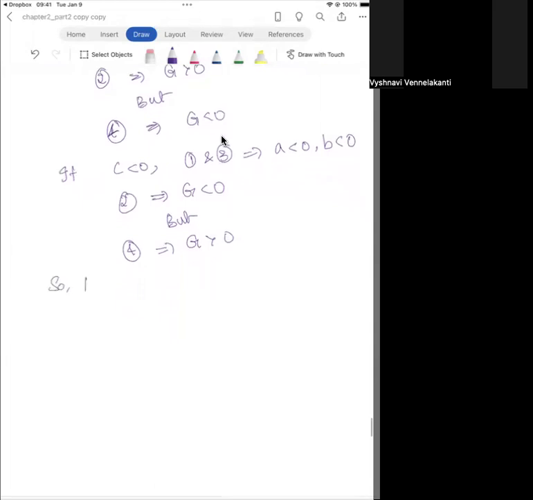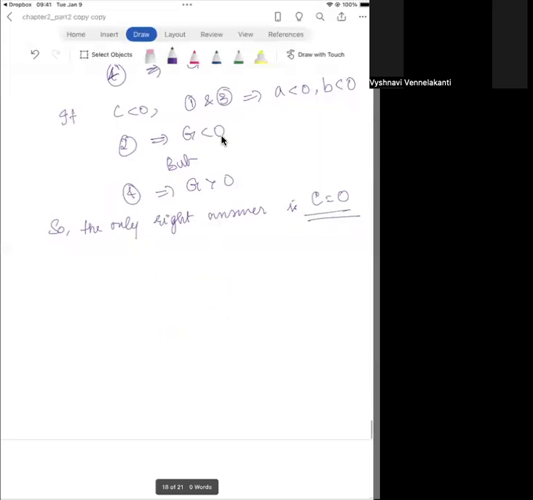So the only right answer is that C is equal to 0. That's your only right answer. Now we need to show that in part C equals 0 gives a wave function of 0 everywhere.